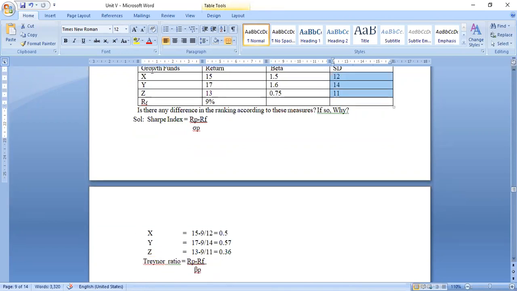Next, for growth fund Y, it is 17 minus 9 divided by 14, that is 0.57. Then for growth fund Z, the portfolio return is 13 minus 9 divided by standard deviation 11, which will give us 0.36. So these are the values for Sharpe index.